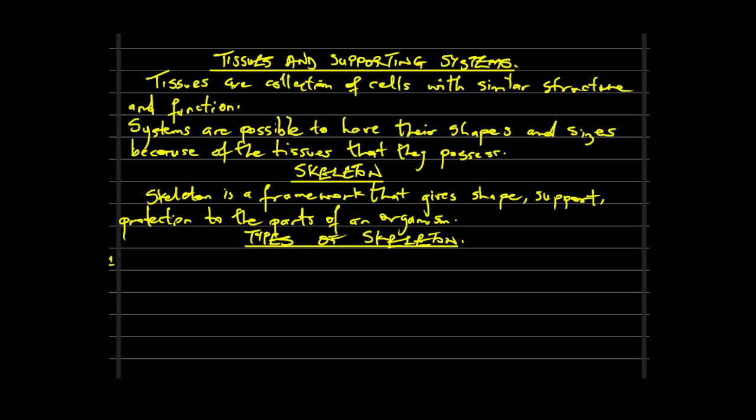The first one is the exoskeleton, and the second one is the endoskeleton. The exoskeleton is found outside the body of an organism. That is where we get the word exoskeleton.